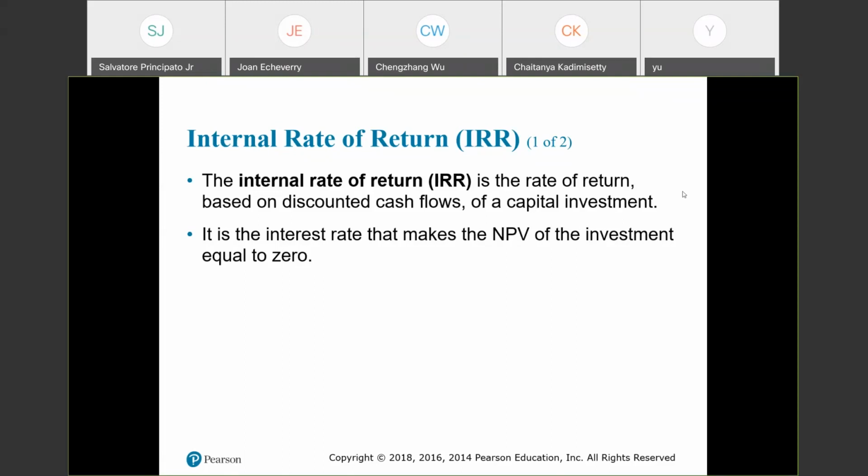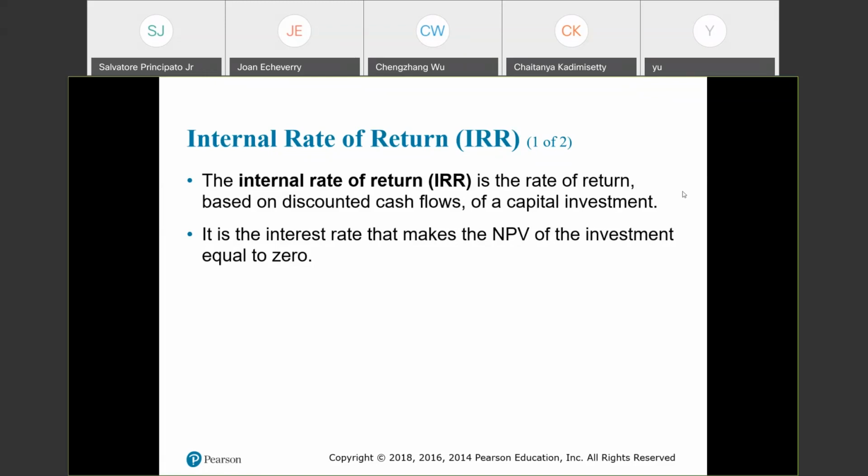In the last class, we discussed time value of money. We know that $1 today is worth more than $1 in the future. That is basically how NPV, net present value, works.